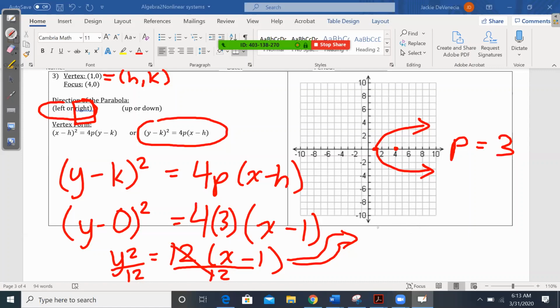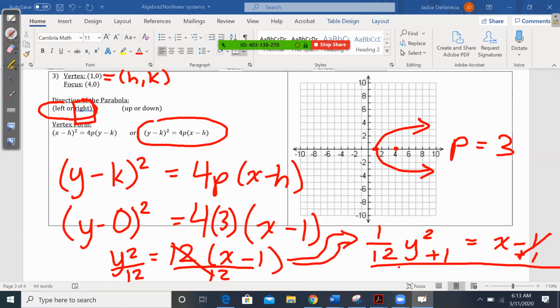This cancels out, and I have 1/12 y squared is equal to x minus 1. And now I need to add 1 on both sides to use my inverse properties. This cancels out, and my new equation is 1/12 y squared plus 1 is equal to x. And that's my equation.